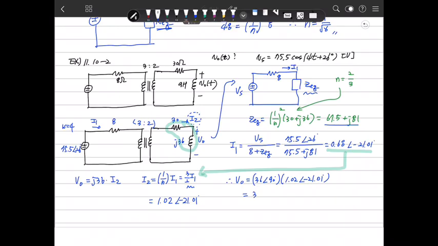So then the result is 36.72 at 8.99 degrees. Therefore, Vout is 36.72 cosine(40t + 9 degrees). We can calculate this simply with the impedance transfer.